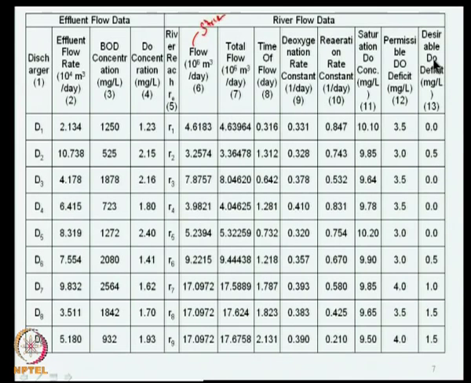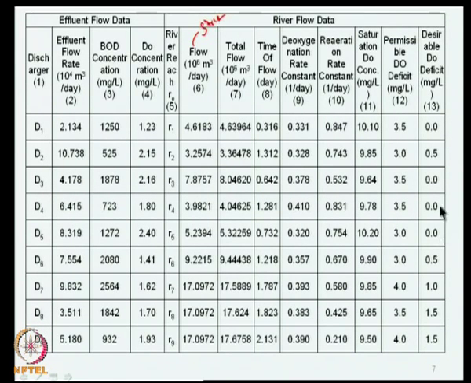Similarly, here we may want to have a DO deficit of 0.5 as desirable, 1 as desirable, 1.5 as desirable, and not more than 3.5 is what is acceptable, what is permissible.